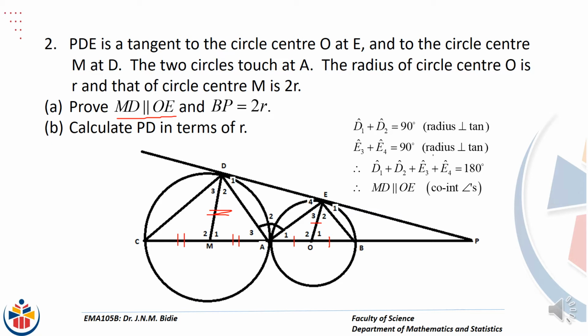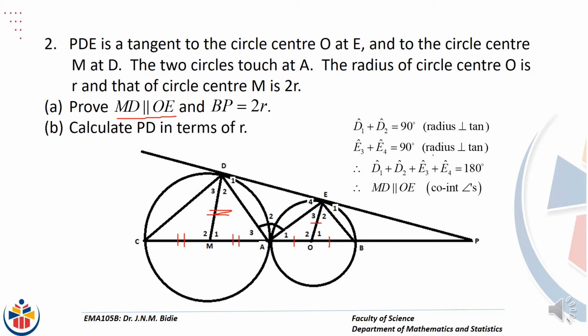So because of that tangent, that means D1 plus D2 plus E3 and E4, we're getting 180 degrees. And therefore, it meets the rule for interior angles. Therefore, we are able to say MD is parallel to OE.